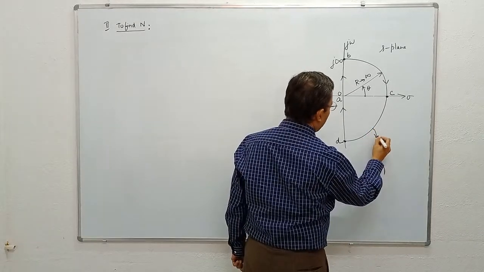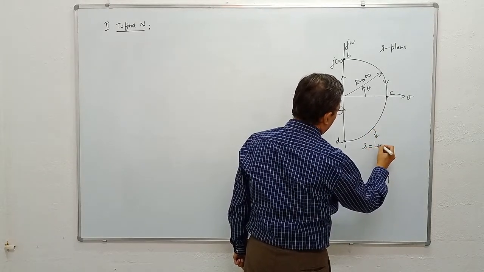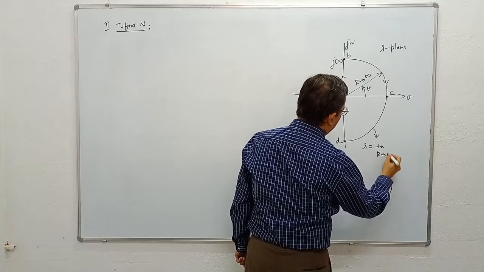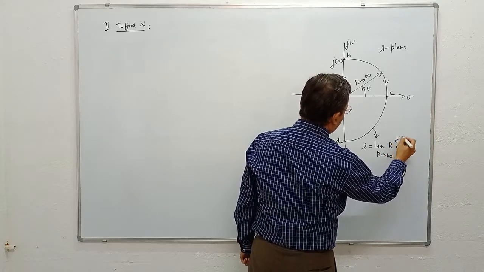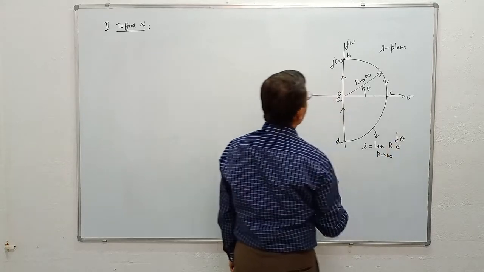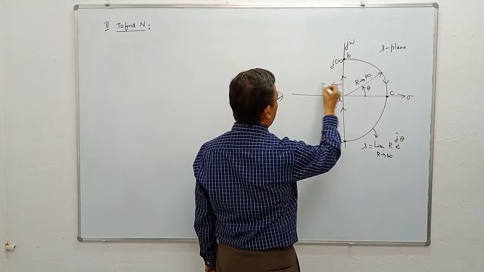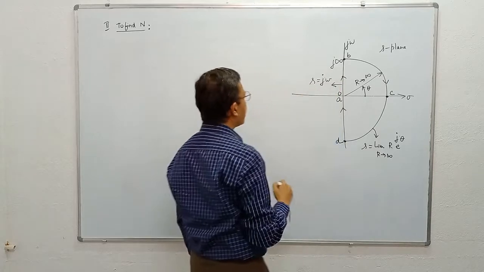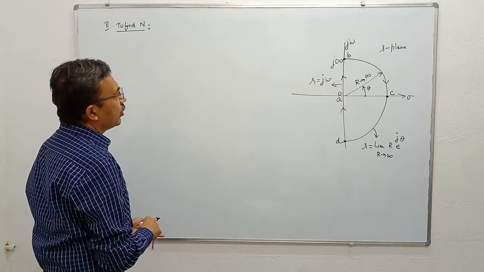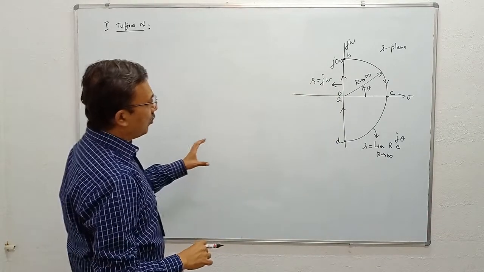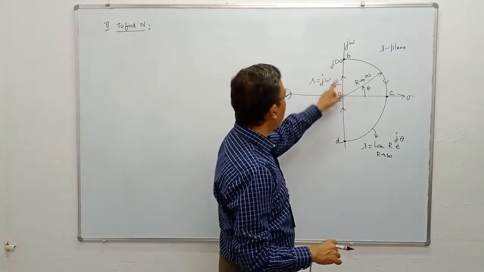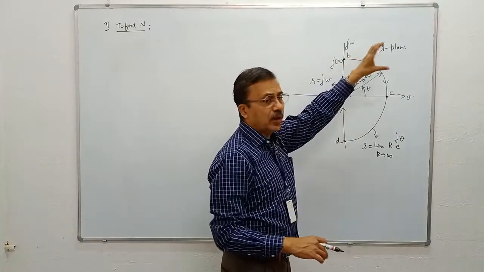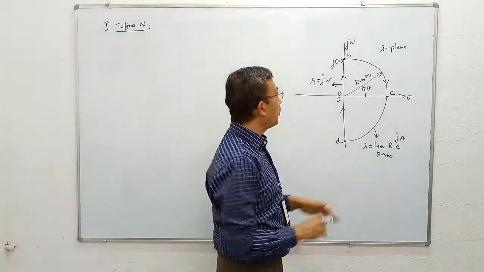Equation of this semicircle is S is equal to limit r tending to infinity r into e to the power j theta. Equation of path AB is S is equal to j omega. To find N, we have to do mapping of the contour ABCDA in S plane onto G(s)H(s) plane.